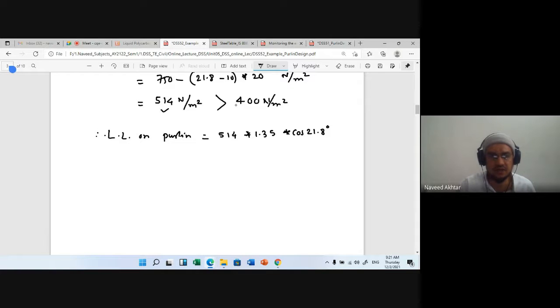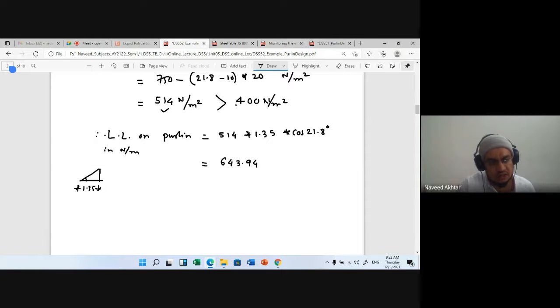This is Newton per meter square, and we are converting it into UDL in Newton per meter, that's why we are multiplying by the spacing. It comes to something like 643.94. On plan, the spacing is 1.35.